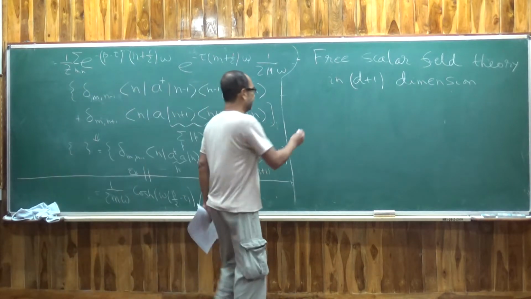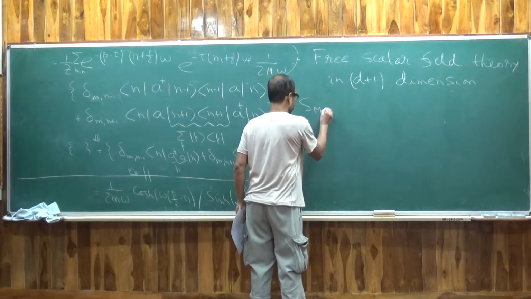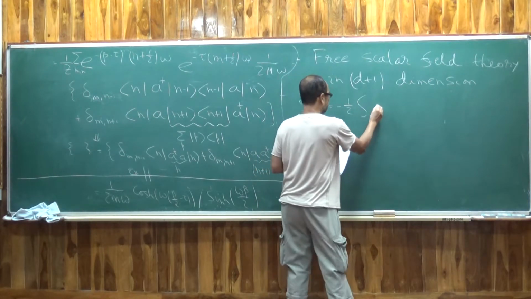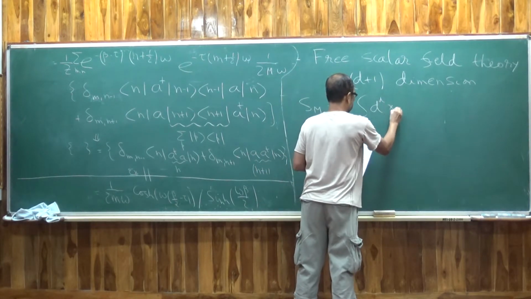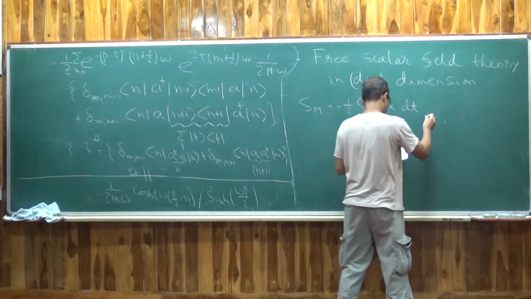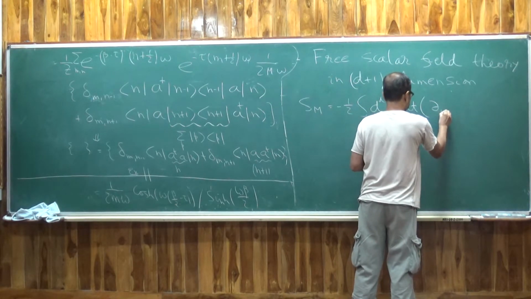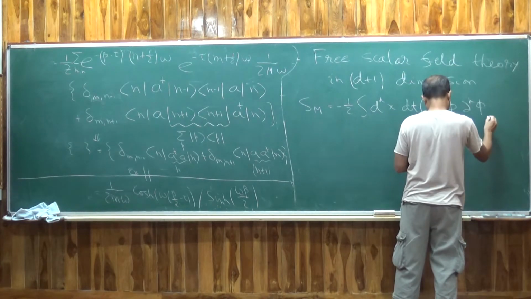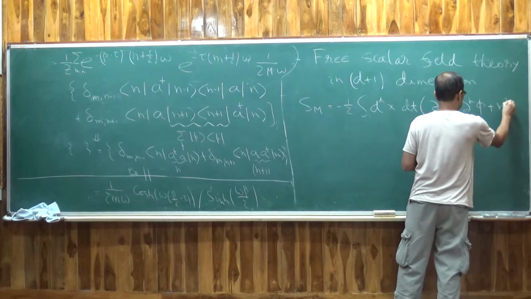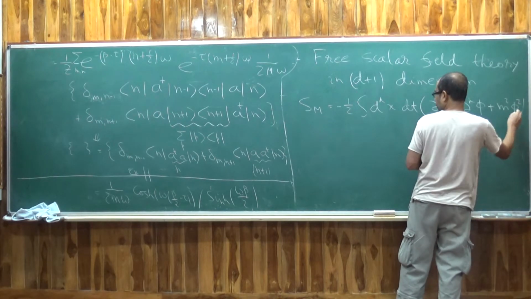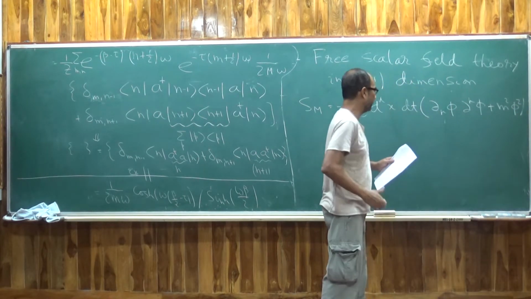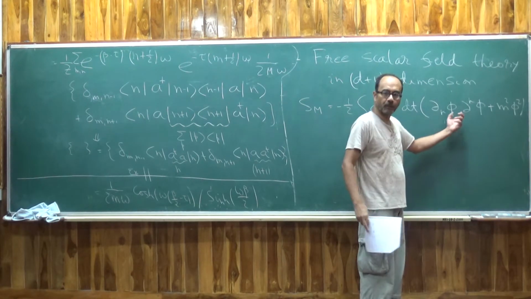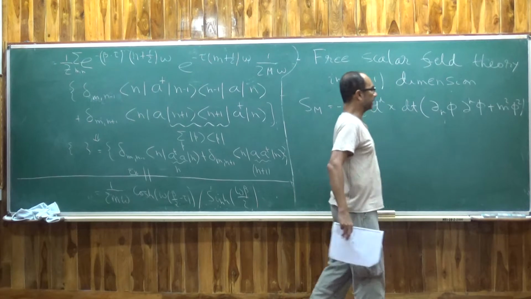So the Minkowski or the Lorentzian action is minus half integral d^D x dt... Our notation for the metric is that the time component is negative, and all the space components come with positive metric.